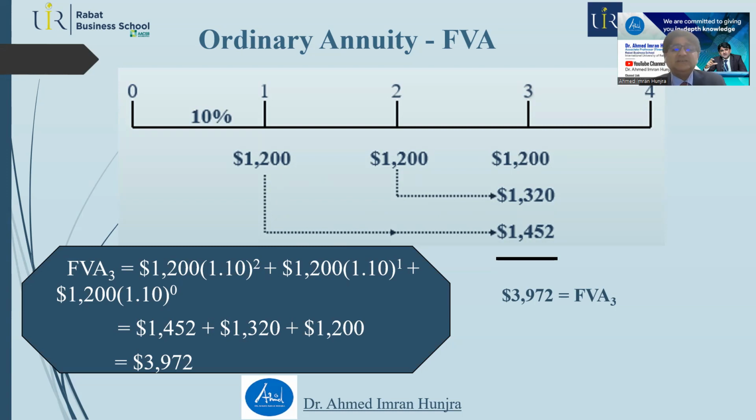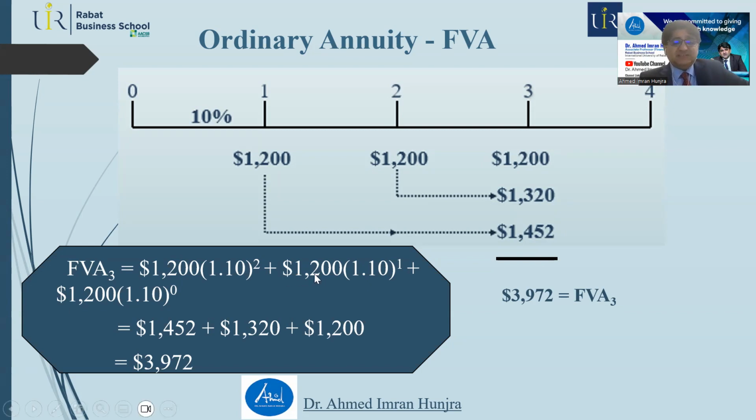So interest rate and time period have a direct relationship with future value. What does it mean? The larger the time period and the higher the interest rate, the higher the future value.